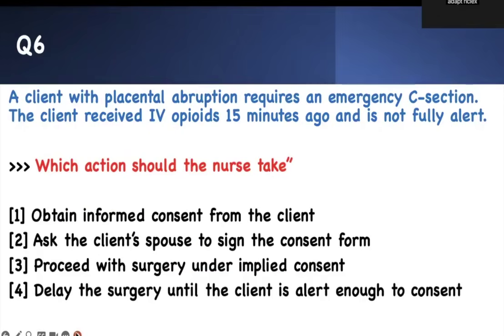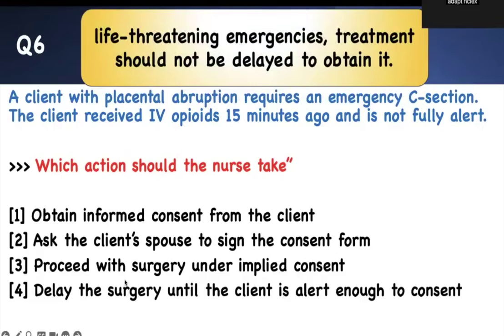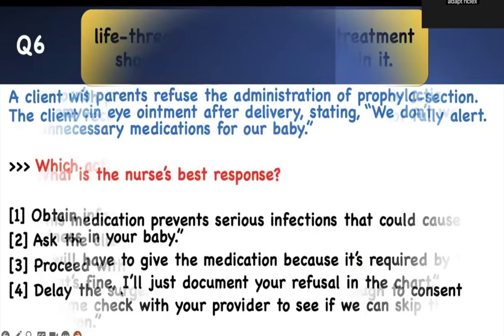Under what? Maternity nursing. I will do some videos on ethical issues related to fundamentals of nursing. Life-threatening emergencies, treatment should not be delayed to obtain consent. Therefore, our right answer is, we all know, proceed with surgery under implied consent.